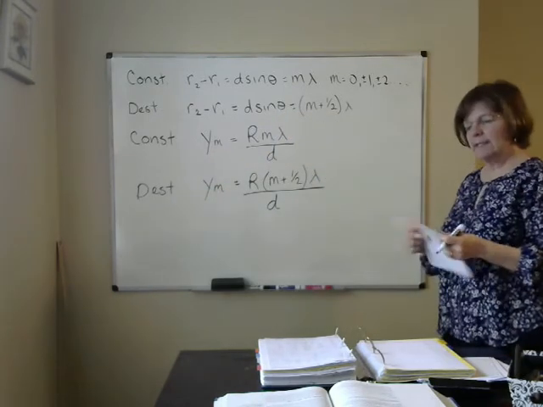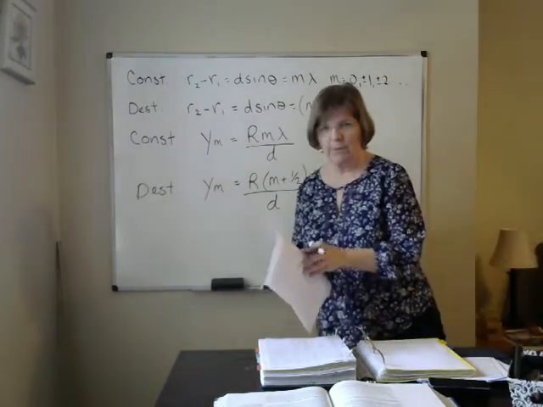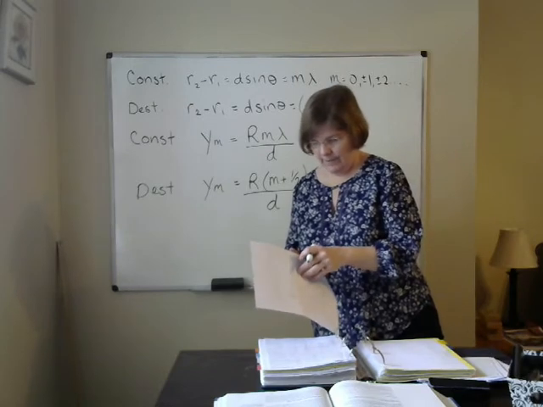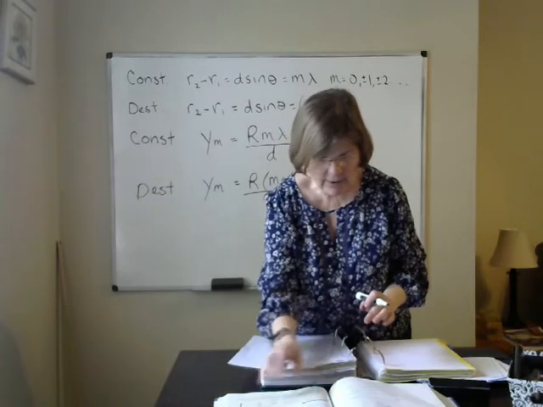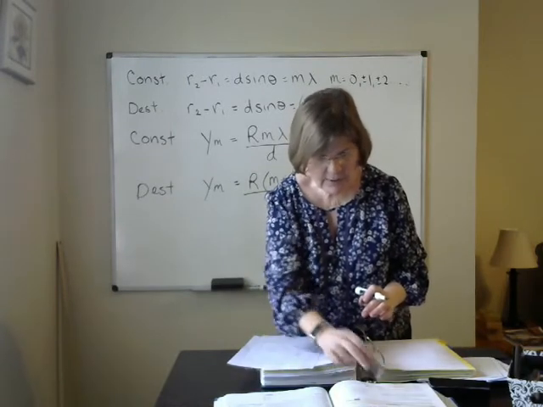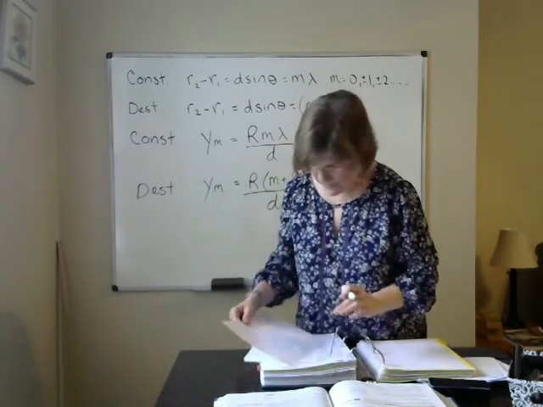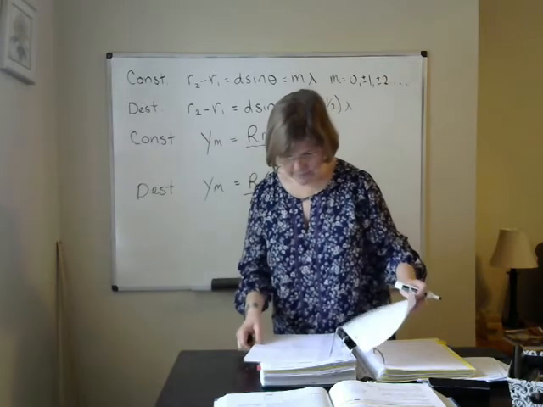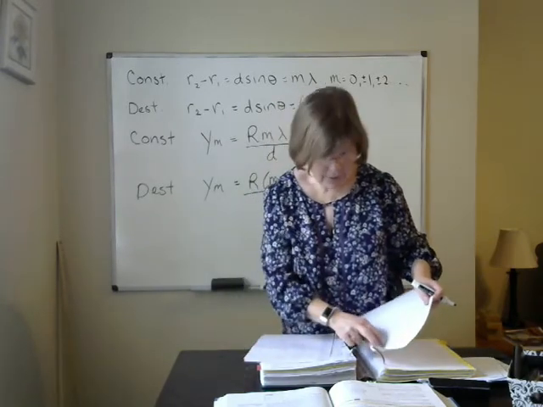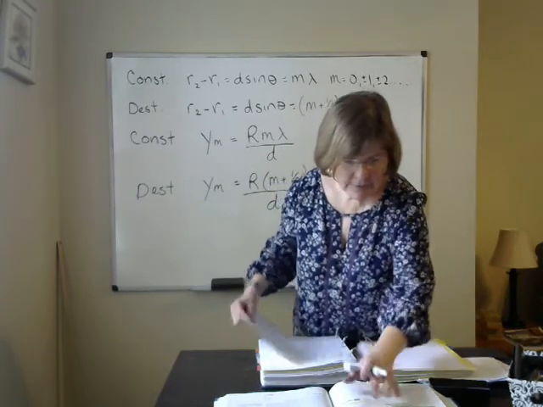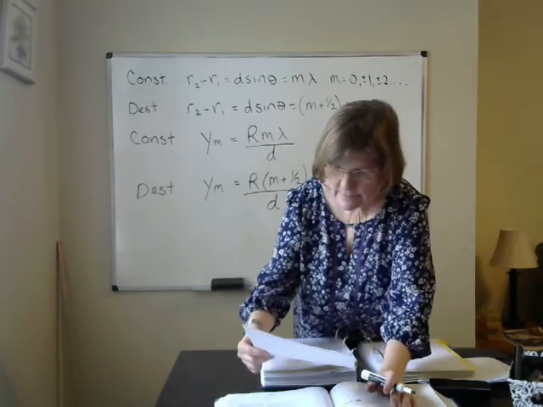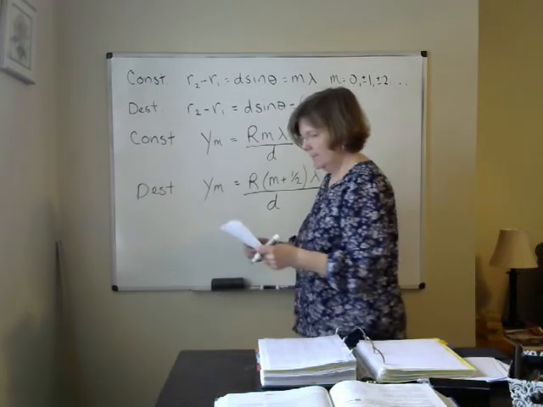So let's look at some examples that use those formulas. These examples are probably in your textbook. The first one we're going to look at, I believe, is example 26.1, determining the wavelength of a laser. Make sure these numbers are great. They do. All right.